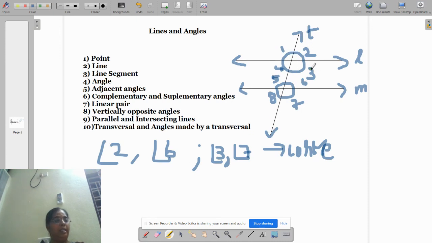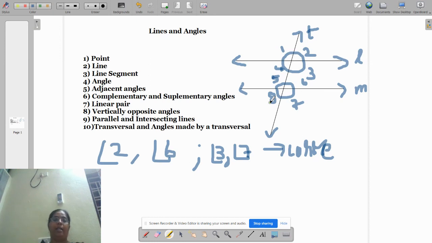And also angle 3 and angle 7. In the same manner, can you tell me the other angles? Yes, children. Angle 1 and angle 5, angle 4 and angle 8. These all angles are called as corresponding angles. What are corresponding angles?